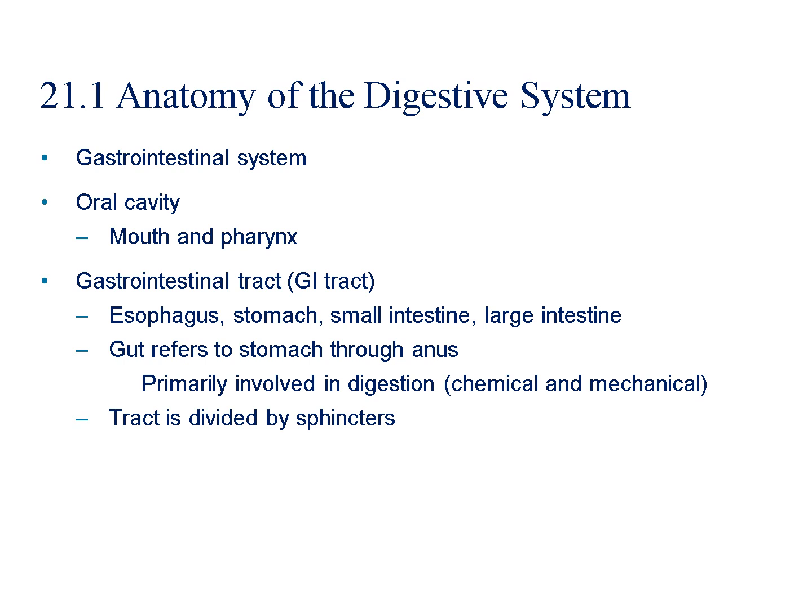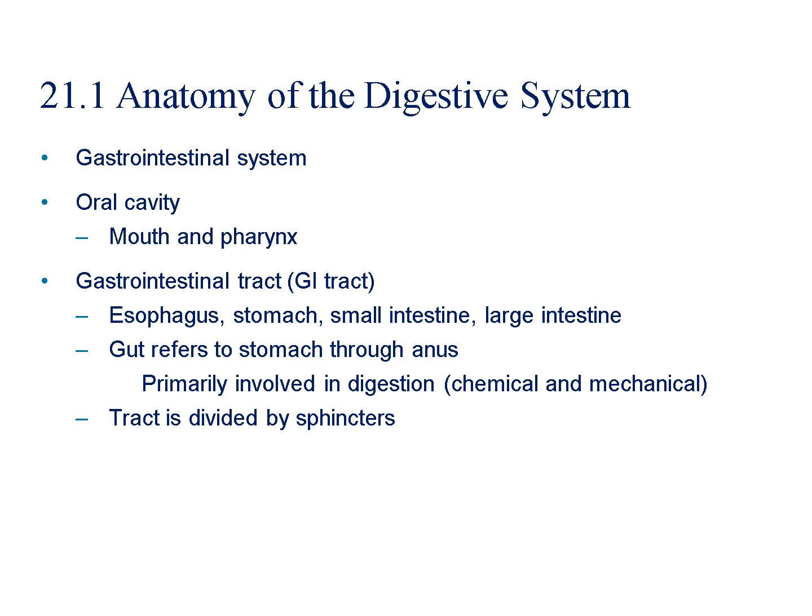The digestive tract refers to the section of the gastrointestinal tract that extends from the stomach to the anus. It plays a primary role in digestion, involving both chemical and mechanical processes that break down food into absorbable nutrients.